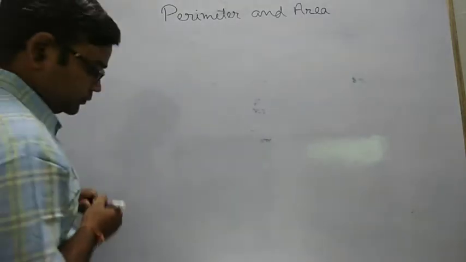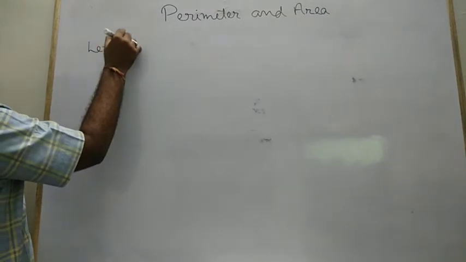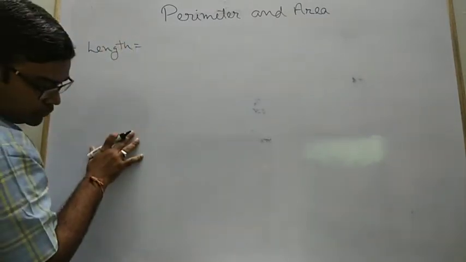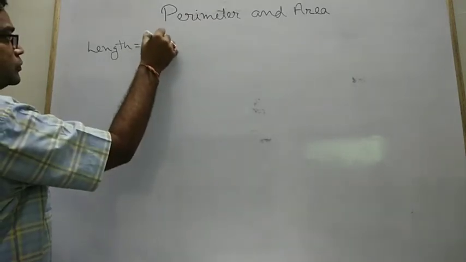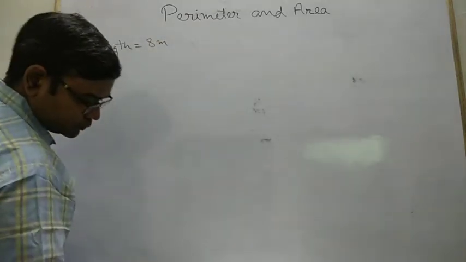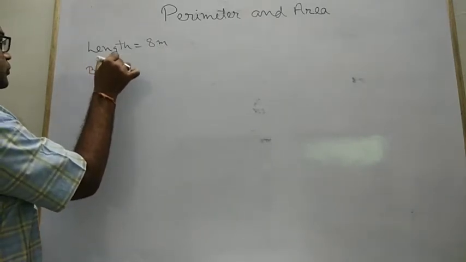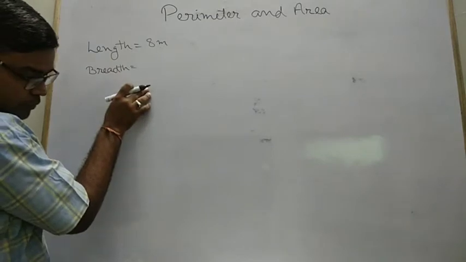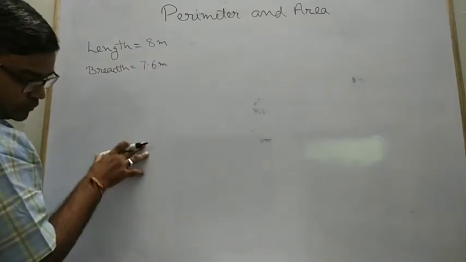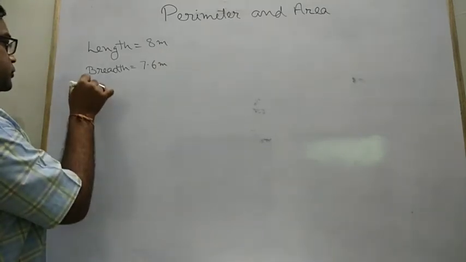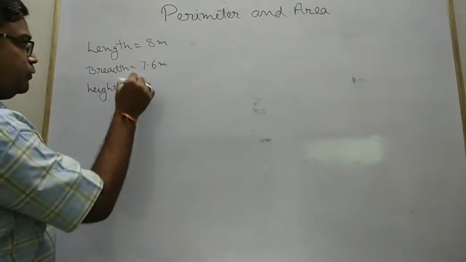So let's start. Length equals to 8 meter. Breadth equals to 7.6 meter. Height equals to 3.5 meter.